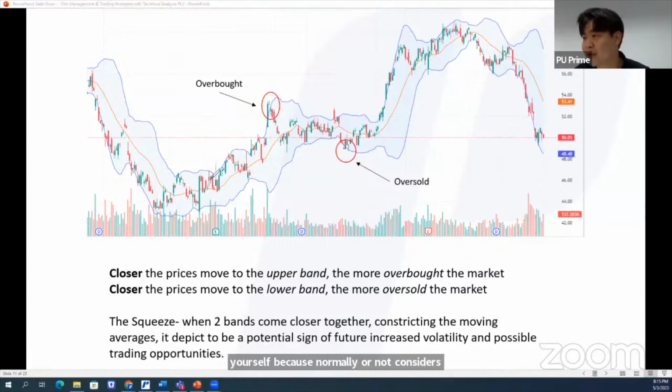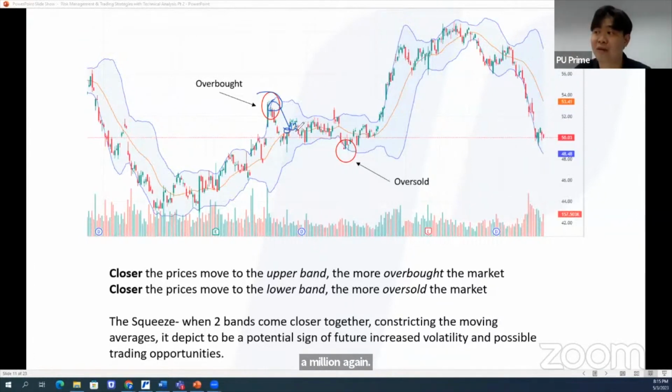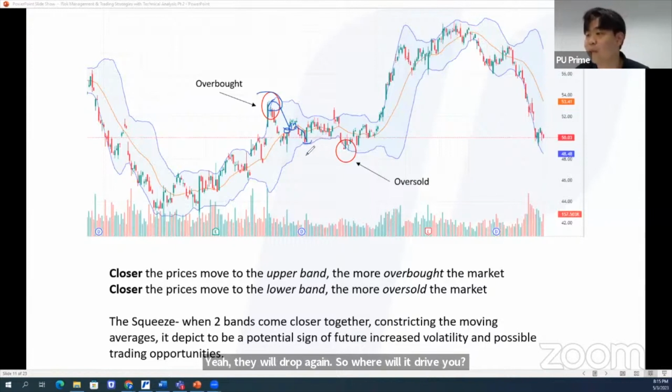So once the candlestick touches the maximum upper part, you can consider selling, because it might retrace back until the midline. And if you're testing the midline again and successfully break below the midline, the orange line around here, then it will drop again. So where will it drop until? Maybe your TP area should be put on the lower band here.